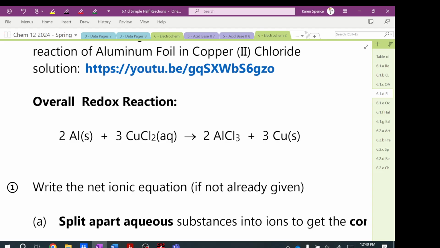Copper 2+ to copper solid, oxidation or reduction? Reduction, because it's going from copper 2 to copper.